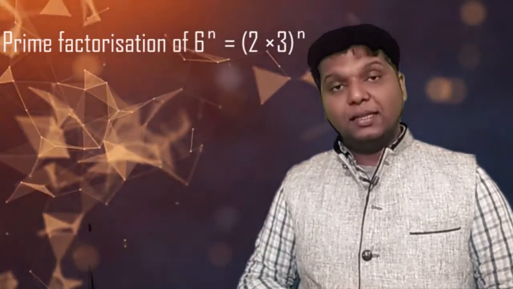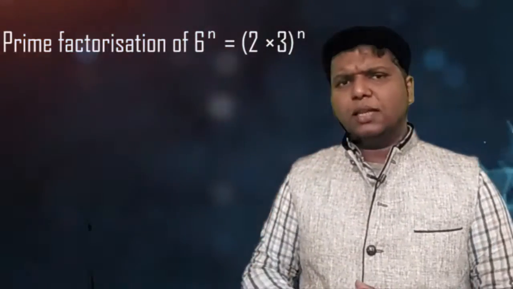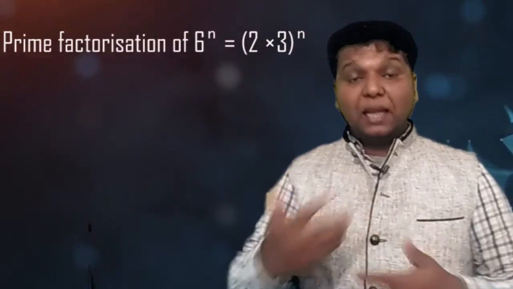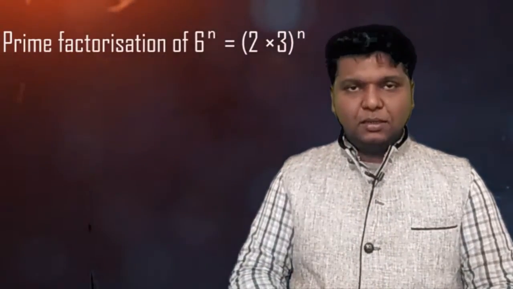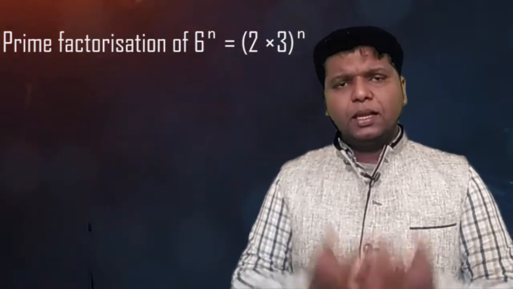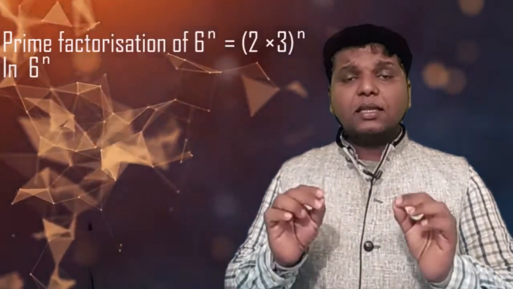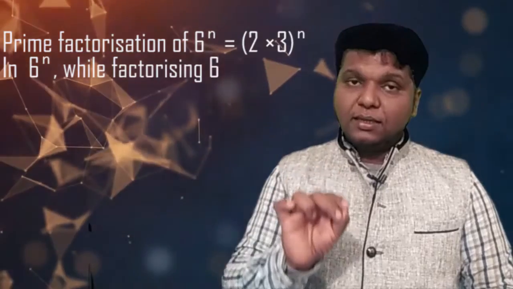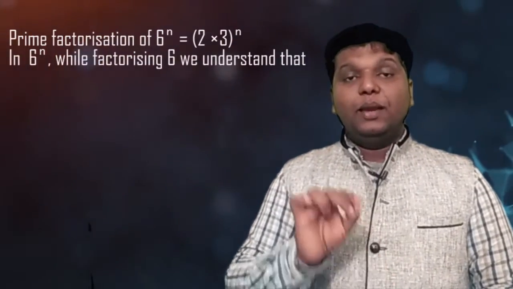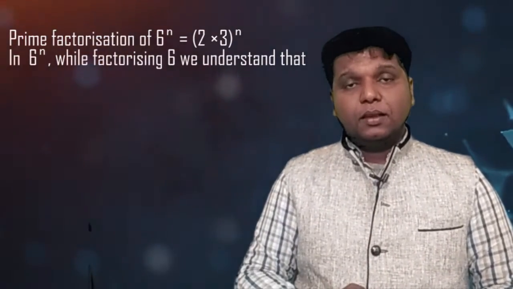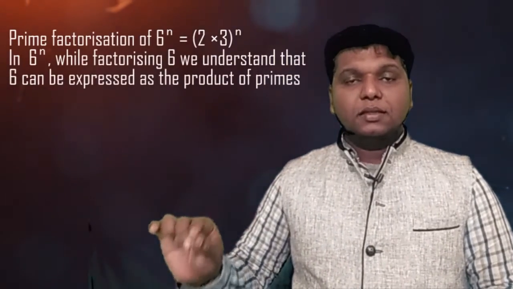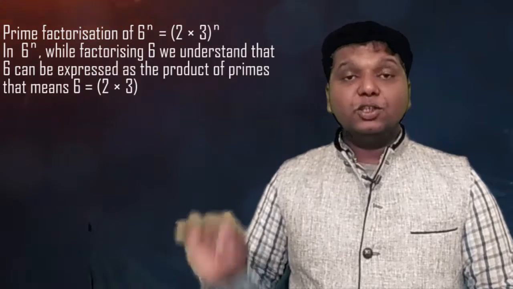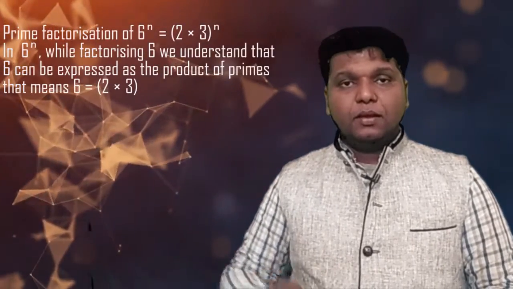So how will you write the answer? It's just a 1 mark question actually. There is nothing to prove or nothing to solve actually. You have to explain it. What will be the explanation? In 6 raised to n, while factorizing 6, we understand that 6 can be expressed as the product of primes. That means 6 is equal to 2 into 3. Full stop.